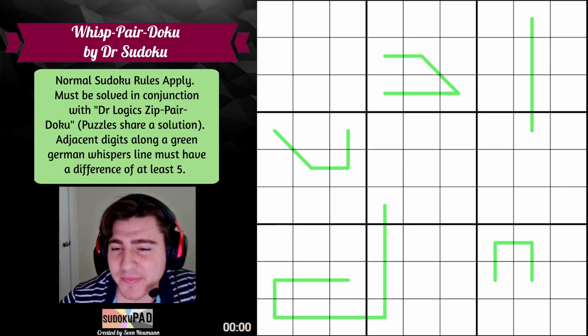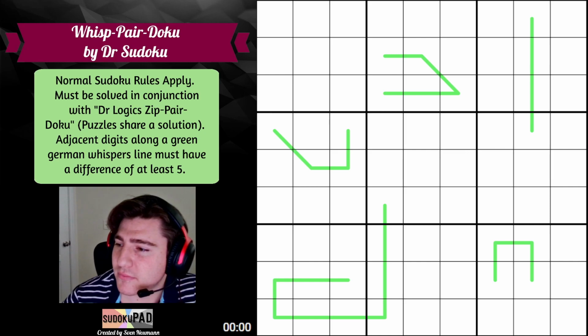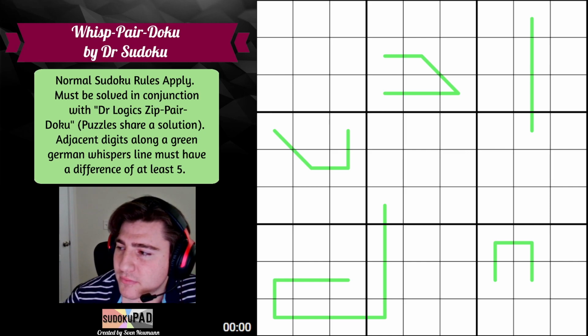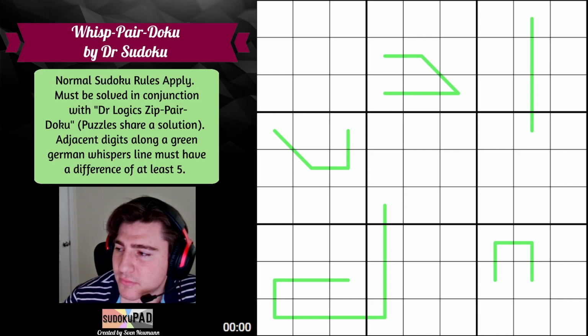Sure. So first of all, normal zipper line rules apply, but if you don't know what those are, digits an equal distance from the center of a lavender zipper line must sum to the digit placed in the center of the line. So first off, all of these are going to be an odd number of cells long.